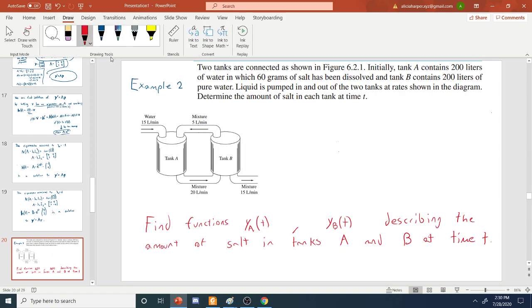So let's note that this starts with 200 liters of water and 60 grams of salt. And over here, I just have 200 liters of water.